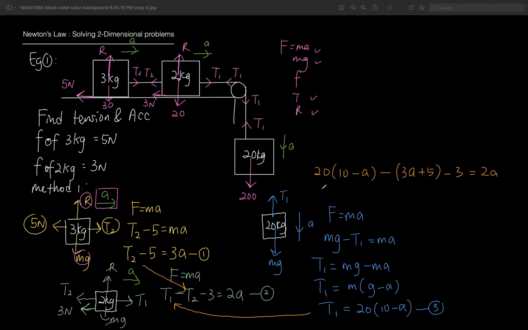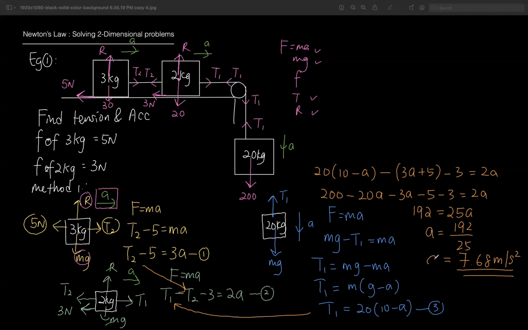And then this one, 200 minus 20a minus 3a minus 5 minus 3 equals 2a. So we just do some rearrangement. We get 192 equals 25a, and acceleration equals 7.68 meters per second squared.